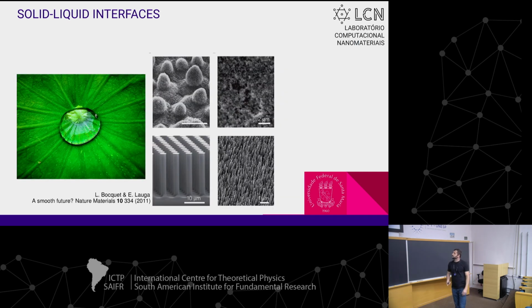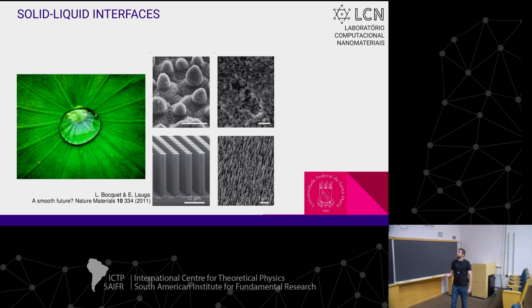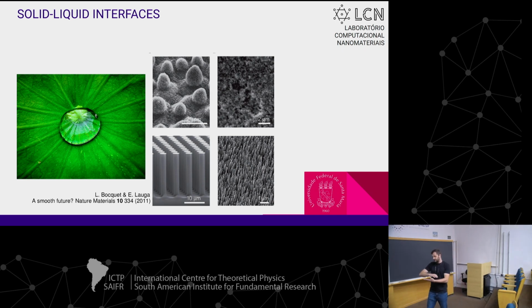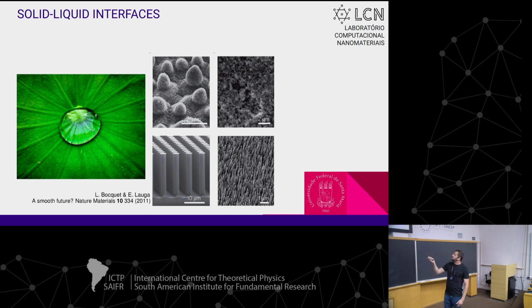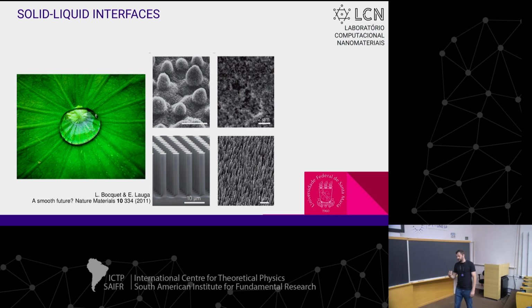So in nature, we find these patterns. One famous example is the lotus leaf, which has very marked biological patterns. It looks like pillars, so we've been trying for the last decades to reproduce these pillars in experiments and even at industrial scale, so we would be able to repel water.